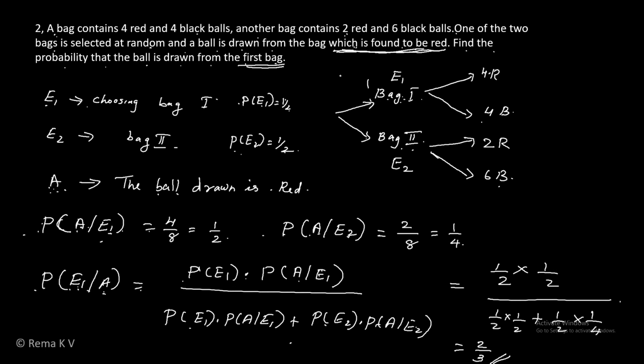First try to draw a figure like this, then it will be easy for you to identify E1, E2, A, then their probabilities and all. Okay, one more question.